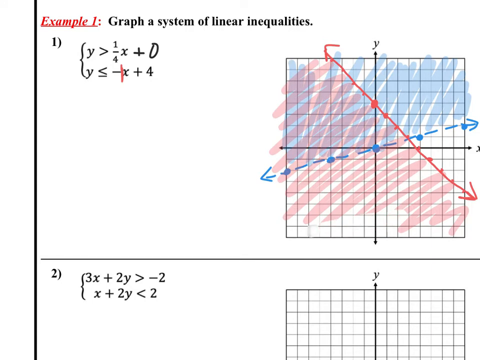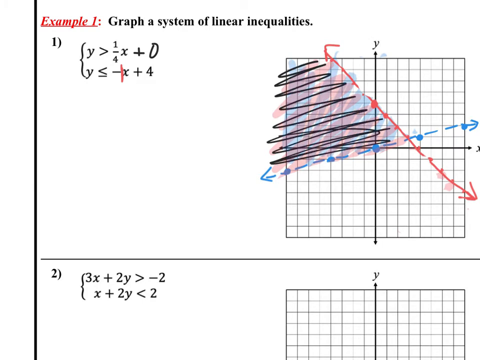This works well if you're using pencil, because this is not the part that is in the overlap, I'm going to erase the shading. You could leave it and just shade this darker, take a pencil and put it really dark. I just need to see obviously where is your solution area.